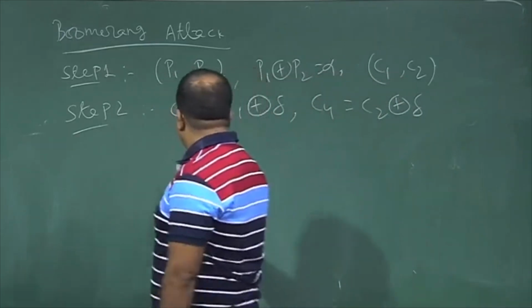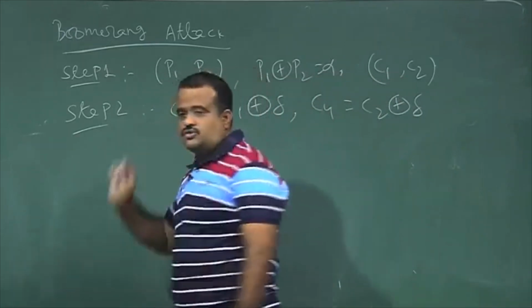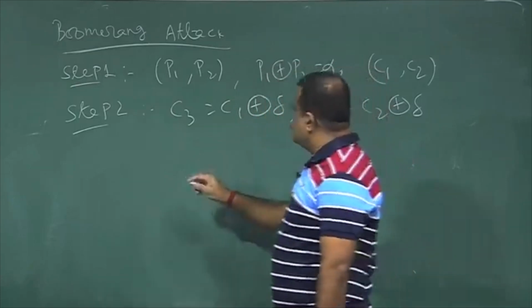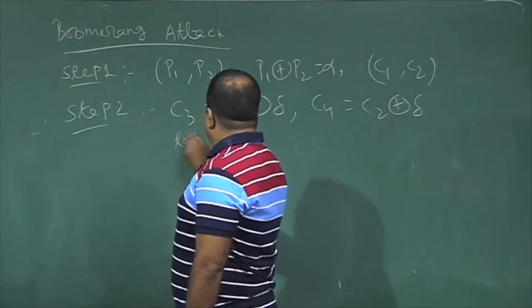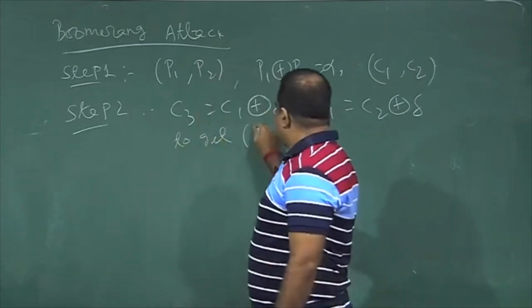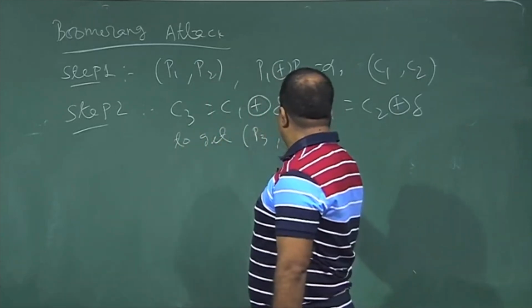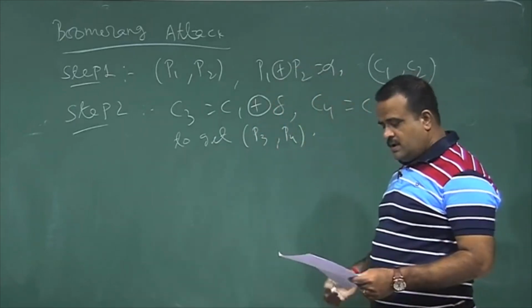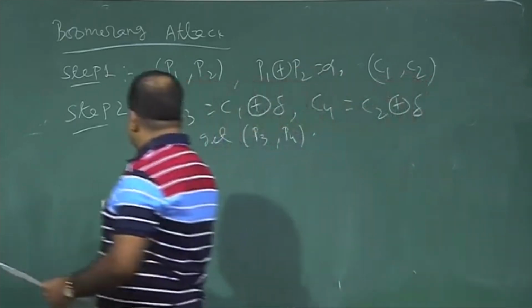This is a chosen ciphertext attack also, so we ask to decrypt these ciphertexts to get P3 and P4.